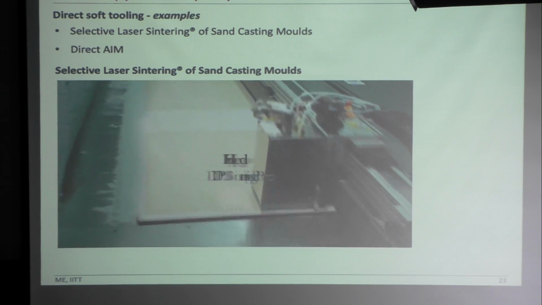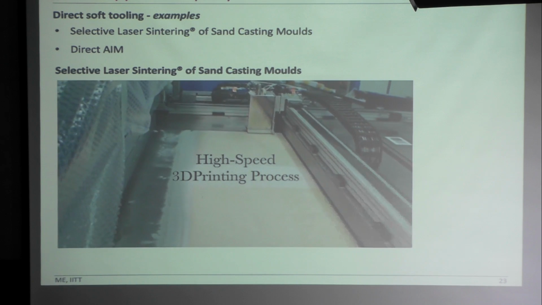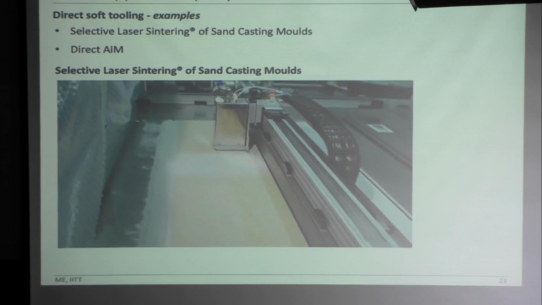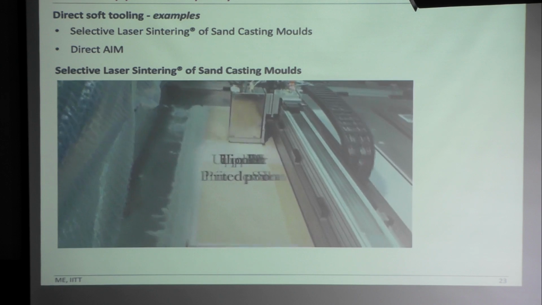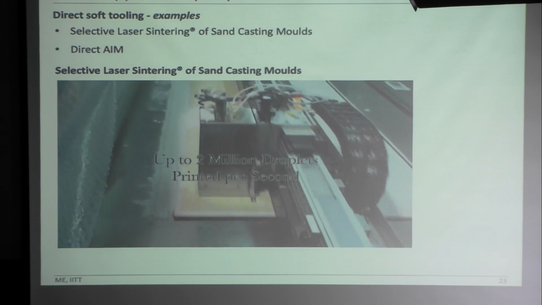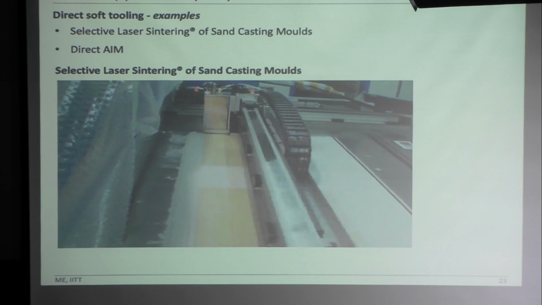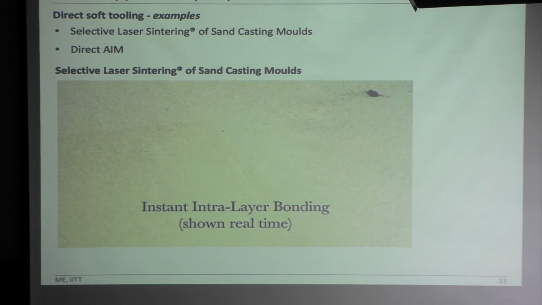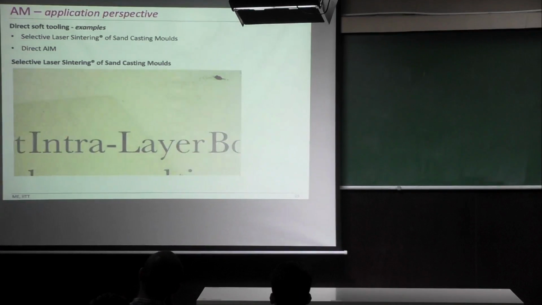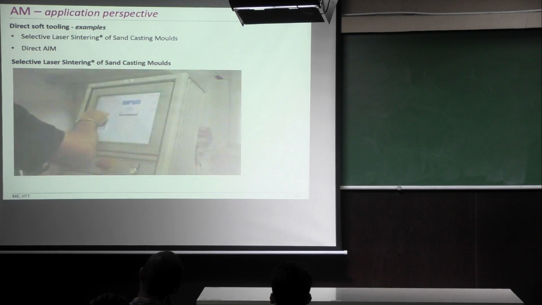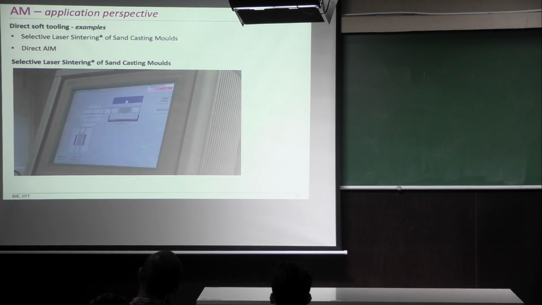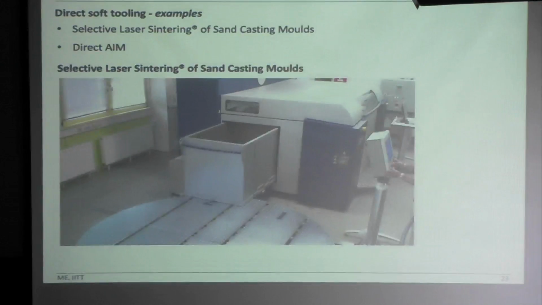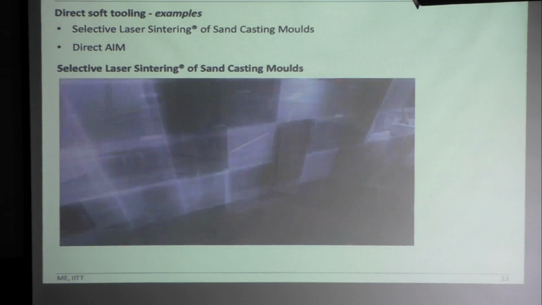Once it melts and solidifies, it binds the sand particles, and the laser melts the sand particles as per the given tool path orientation. Again here, layer by layer, the same technology, selective laser sintering. Here the material is the sand particles with binders. That's it.